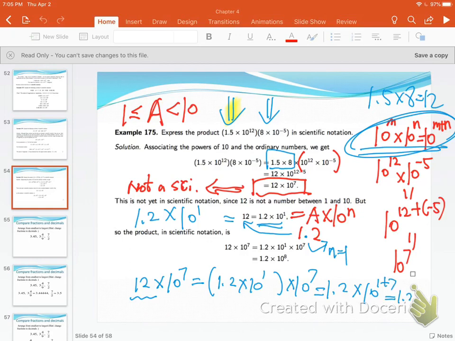We get the final answer 1.2 times 10 to the 8th. So multiplication of scientific notation is very hard. After you multiply the A parts together and the powers of 10 together, you have to check whether you got a scientific notation. If it's not, you have to change it to scientific notation.